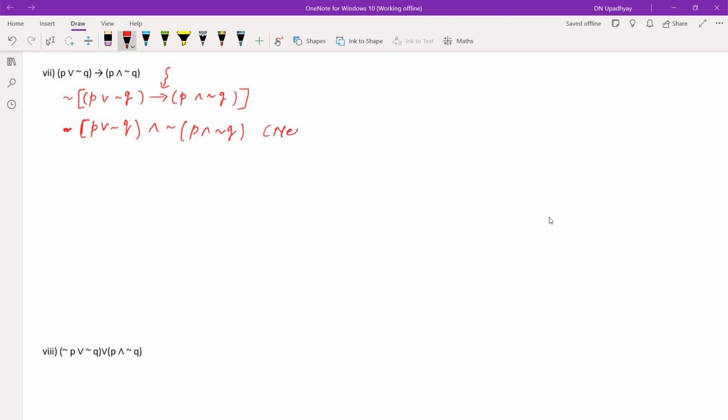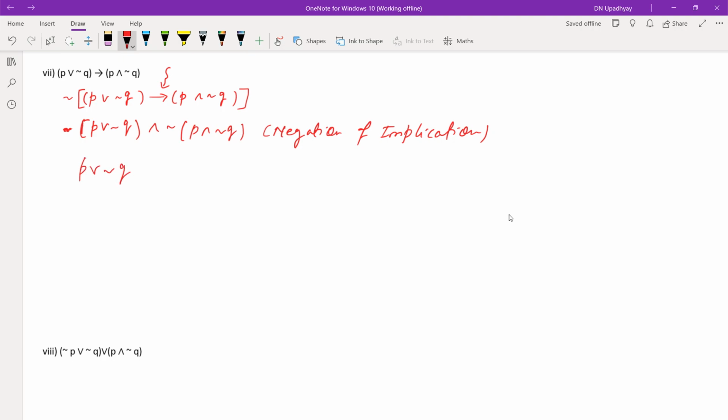So what is to write? Actually, the negation of implication. This is the justification, right? Negation of implication. And now the second one. See, the connector is and, so this is going to be negation of disjunction.